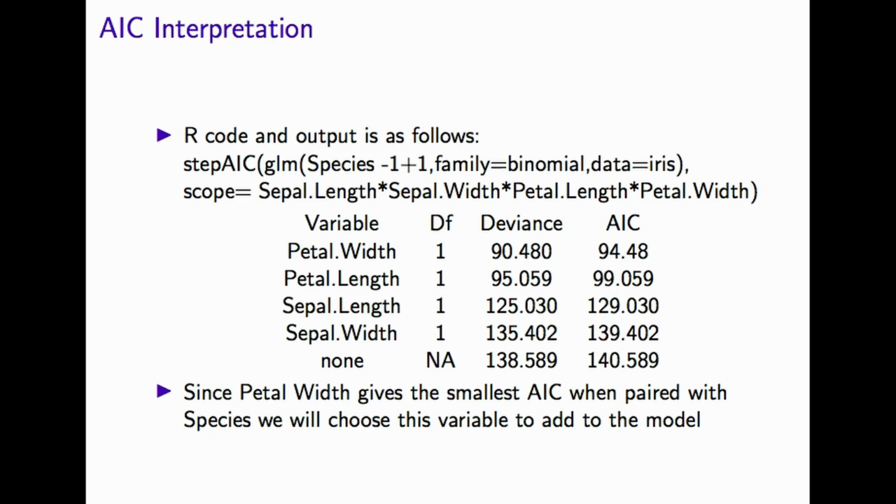And then species with petal length would yield an AIC of 99.059, and so forth. Like I said in the slide before, you want to add one variable at a time. So since petal width has the lowest AIC associated with species, that is what we are going to add.